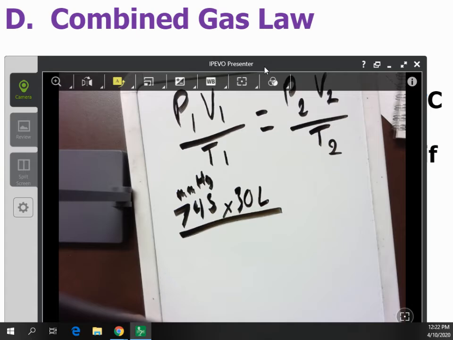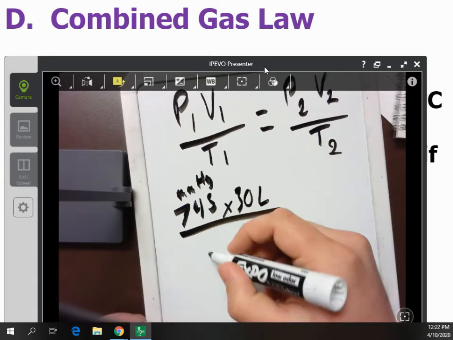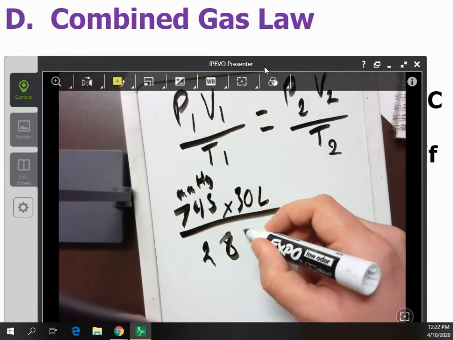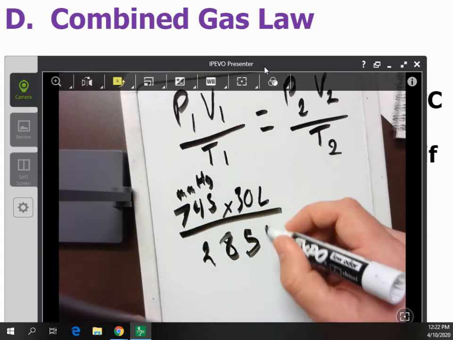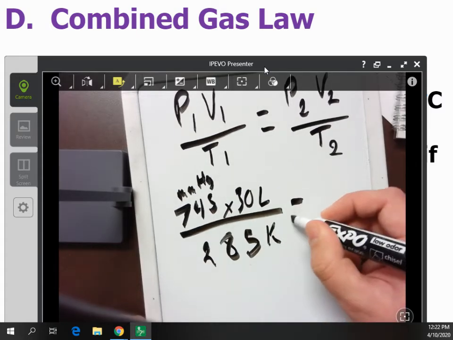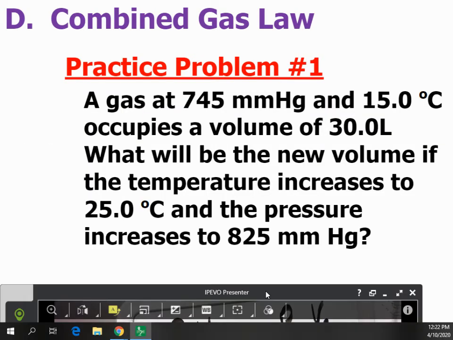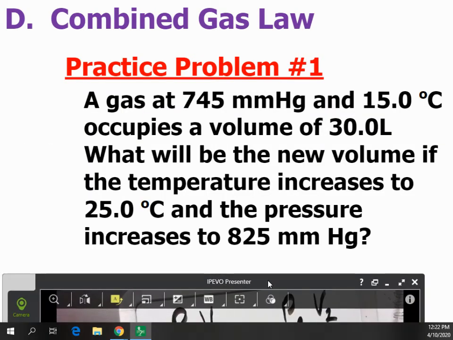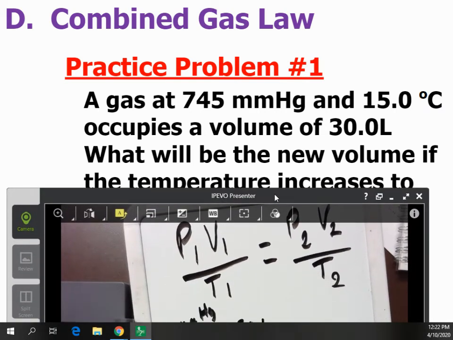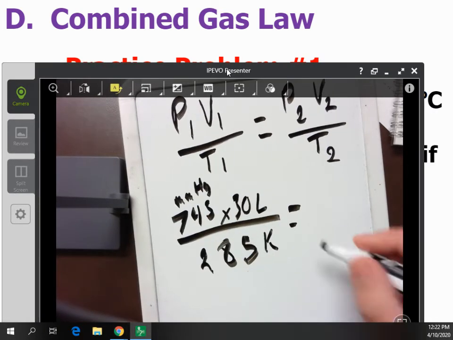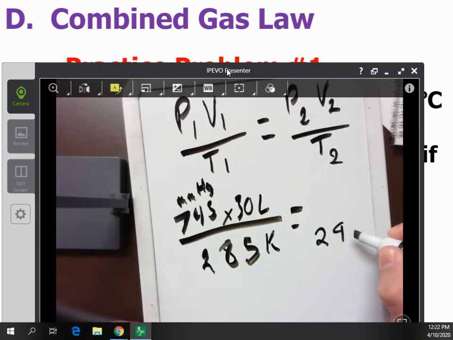We divide that by our temperature, which is 285 for our Kelvin. And that is going to equal our volume, but we have our new temperature. So we increase this by 10 more because we increased it by 10 degrees Celsius. So we have 295 Kelvin. We're looking for our volume.